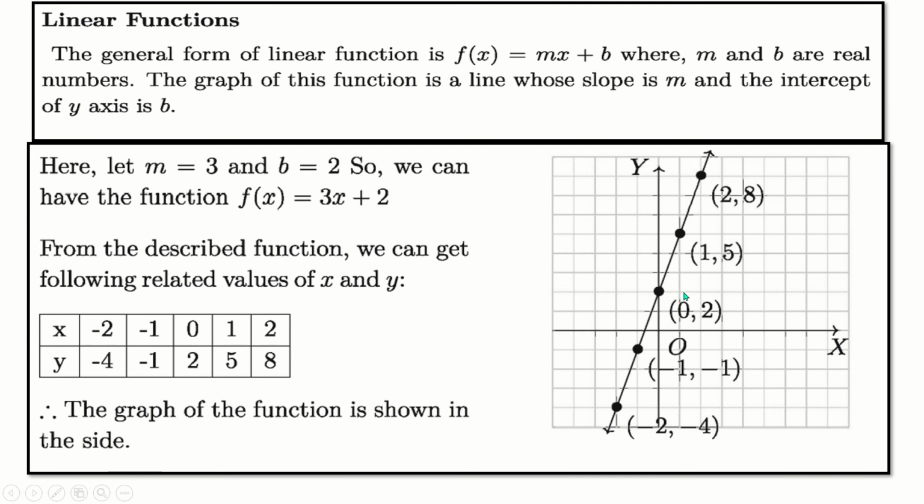How? If the graph intersects the y-axis at a single point, then it is a function. Otherwise not a function. When it intersects the y-axis at more than one point, then it is not a function. Clear this?